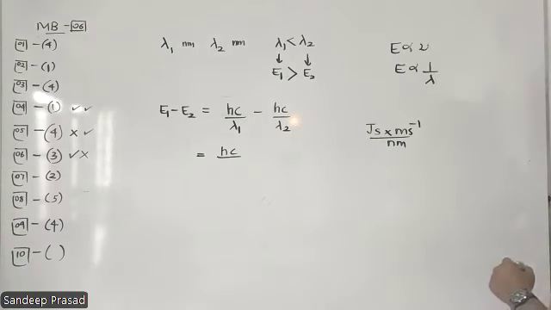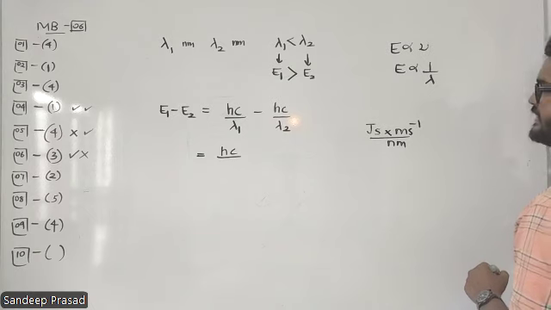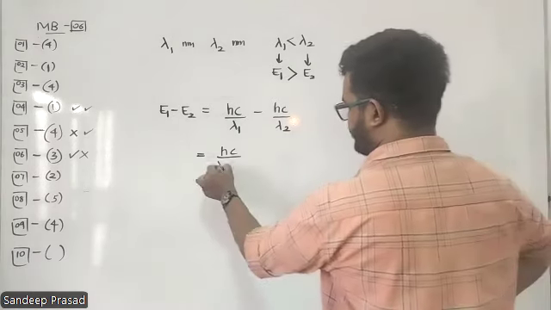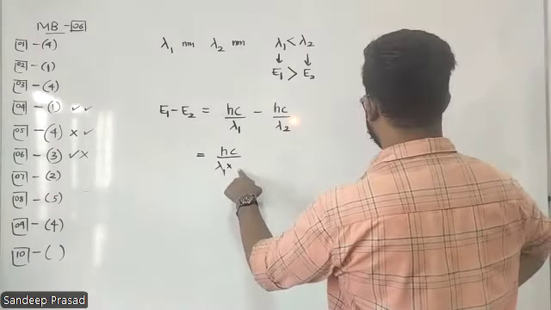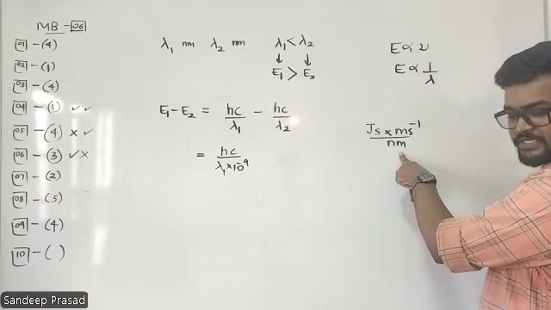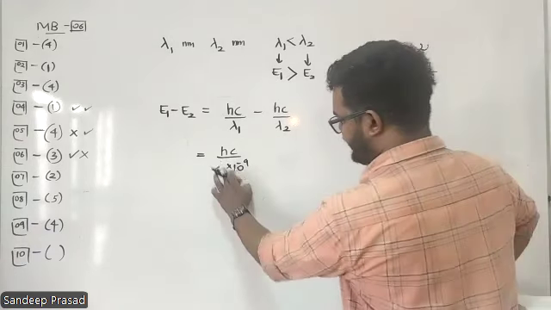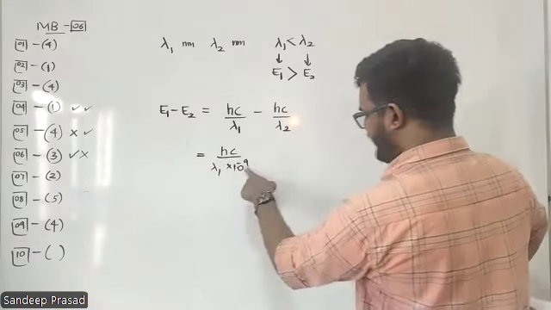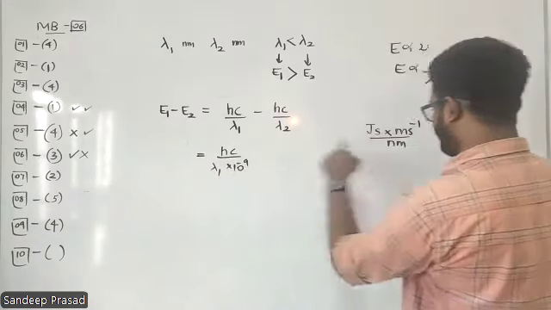In order to convert that into meters, you have to multiply this by 10 to the power minus 9. Then it is meters, right? Can you understand? Since they have given lambda 1 in nanometers, let me multiply that by 10 to the power minus 9.